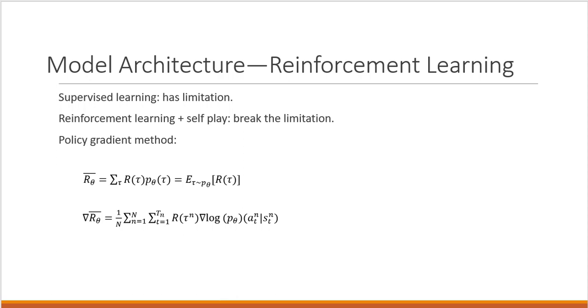Policy gradient is a specific algorithm of RL. The core idea behind it is to maximize the expectation of the accumulated reward of trajectories, which are generated by the interaction between the agent and the environment, say R of theta. And here are the mathematical formulas of policy gradient.